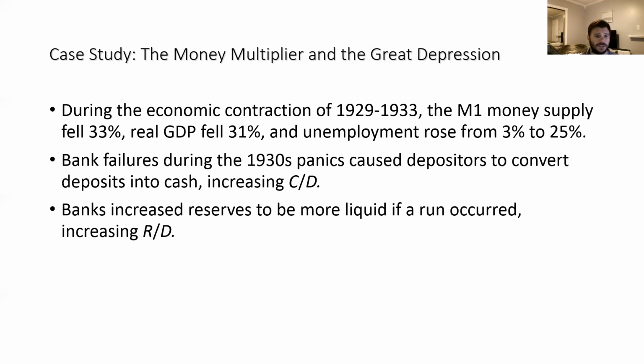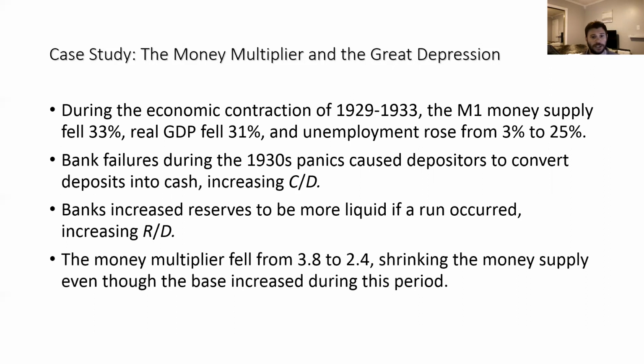During this time, the money multiplier shrank from 3.8 to 2.4, due to increases in both the currency to deposit ratio and the reserve to deposit ratio.